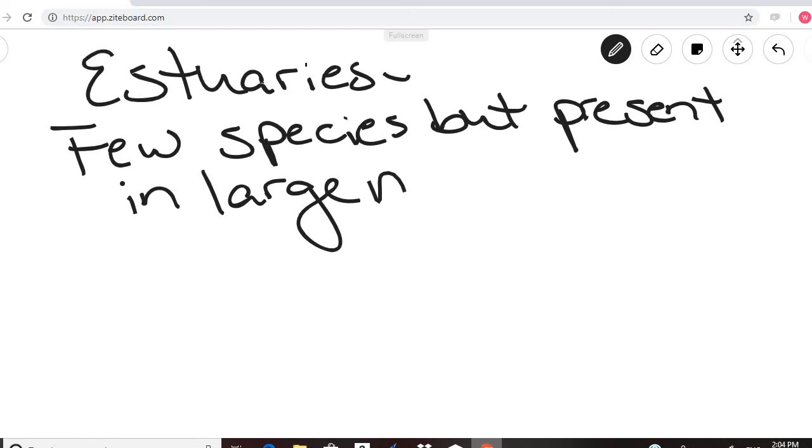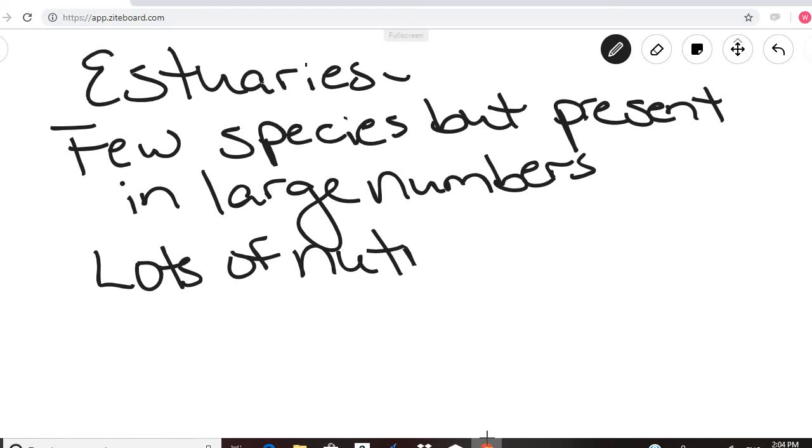So not as much variety as you might find in other habitats, but that doesn't mean that it's not a diverse and productive ecosystem, because there's lots of nutrients here, carried in by the fresh water. So there's lots of nutrients for producers, and so then the consumers can eat those producers, and they can eat decaying matter, and they don't consume all of it. So some of it also then gets distributed throughout the ocean.